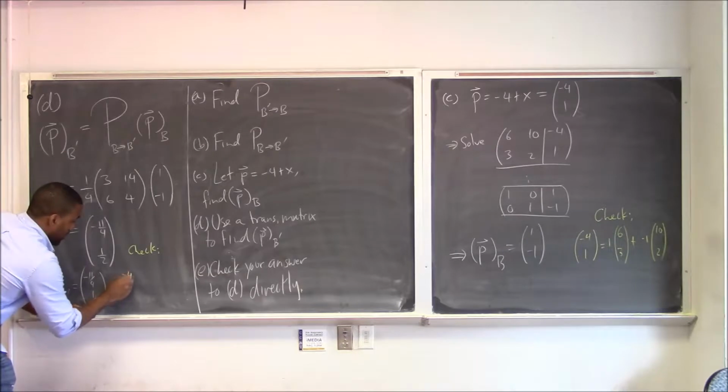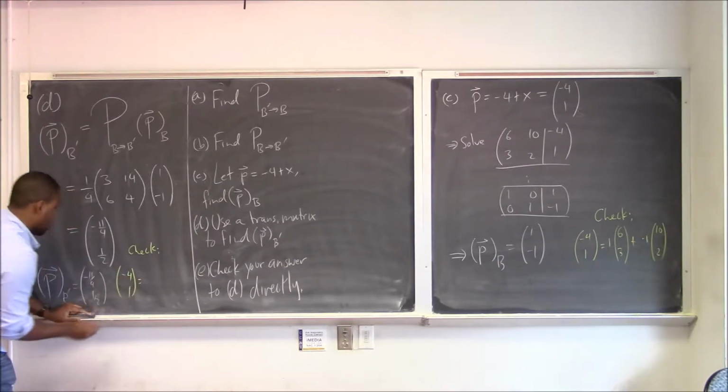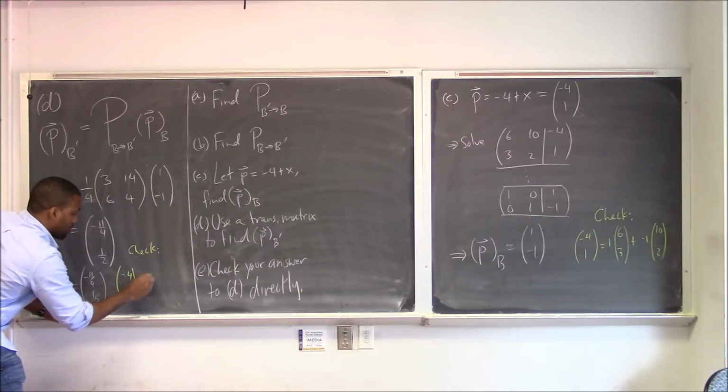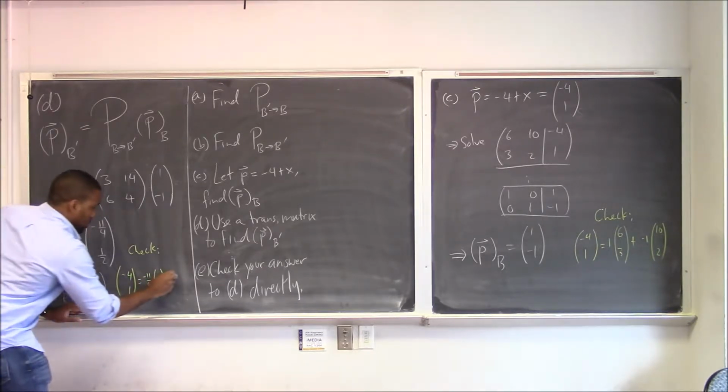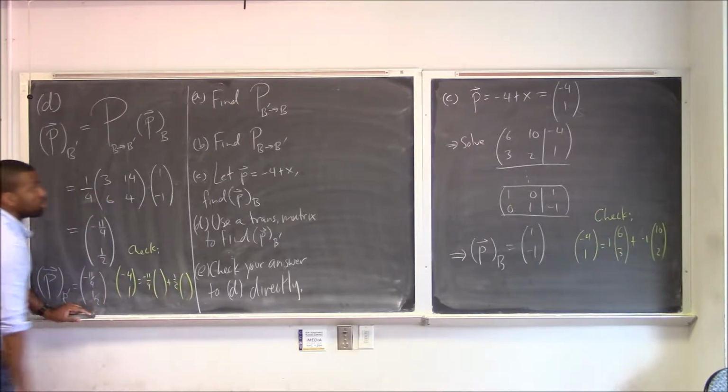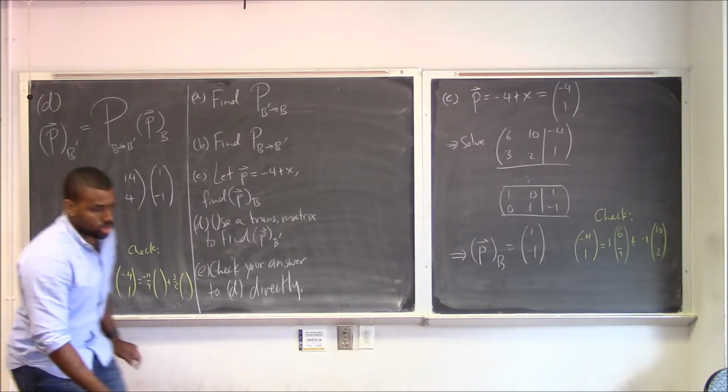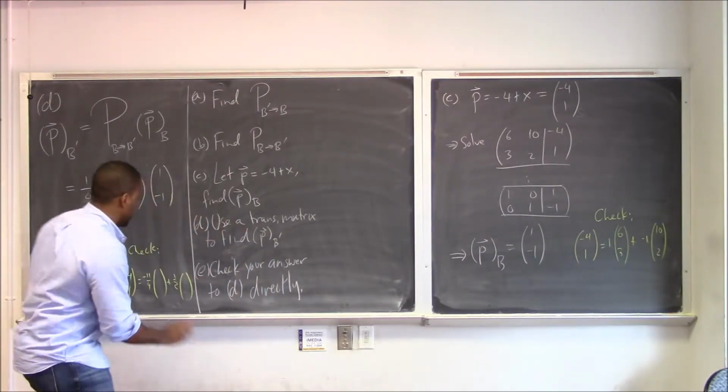Is it true that minus 4, 1 is going to be minus 11 over 4 times the first basis vector in Q plus 1/2 times the second vector in Q, which are the vectors 2, 0, and 3, 2?